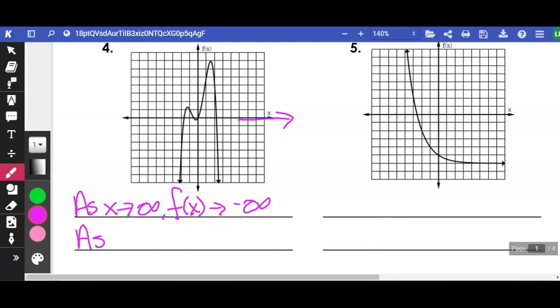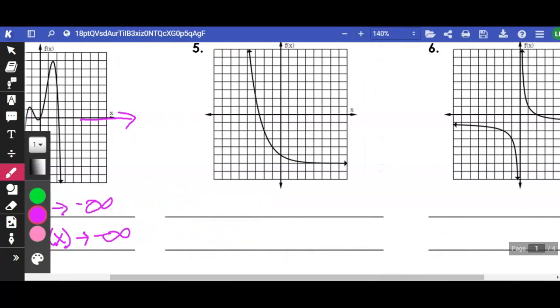And then as x approaches negative infinity, f of x approaches. Now this is the only time you go from right to left. Everything we talk about with all of our interval stuff, we go left to right and bottom to top. But when you're talking about end behavior, and as x approaches negative infinity this way, so as x gets smaller and smaller, so does y, so it approaches negative infinity.